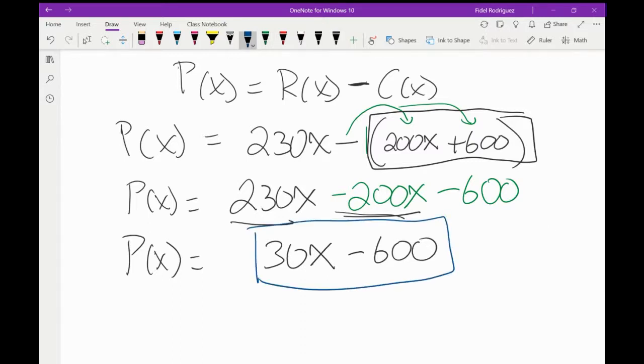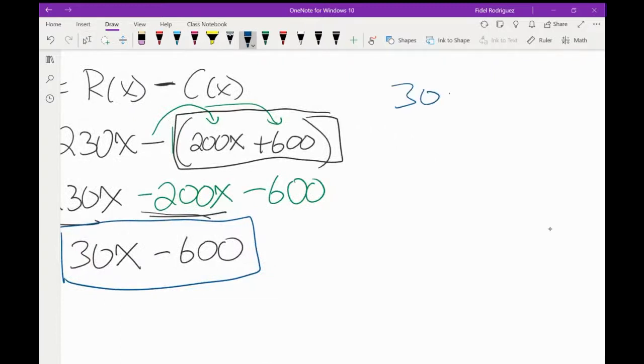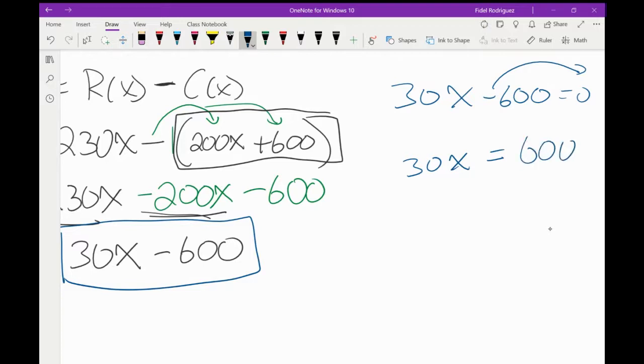And now, so the way we find our break-even point is we're going to take this piece right here, and we're going to set it equal to 0, because we know that our profit is now going to be 0. So I'll move that 600 over there. And since it's a negative, when we cross the equal sign, it becomes positive. We're going to divide both sides by 30.